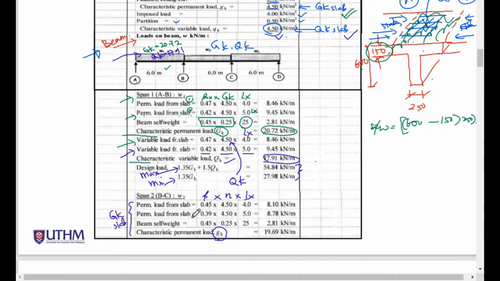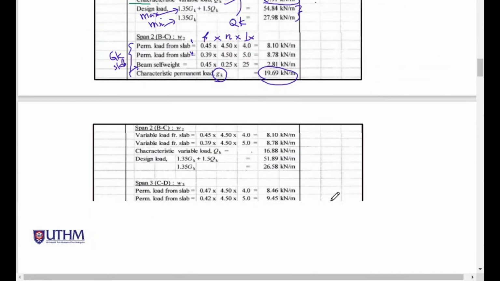This is slab number 4, and the beam self weight. And finally, we get GK equal to 19.69. Please don't round it. Okay, 19.69.